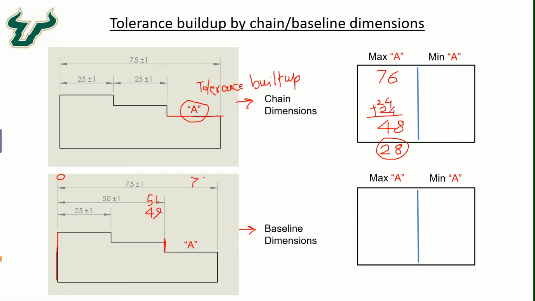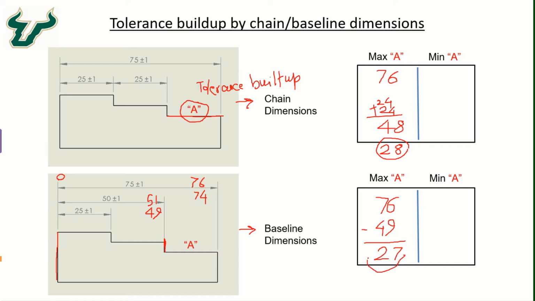And the overall dimension limits are 76 and 74. So the maximum possible value of A in this case, when we assign the baseline dimension, would be 76, the maximum overall, minus the minimum inside, which is 49. Okay, so that comes out to be 27 as the maximum possible value of A.